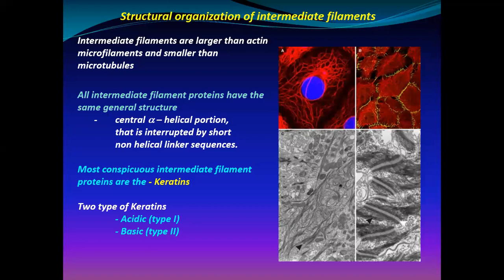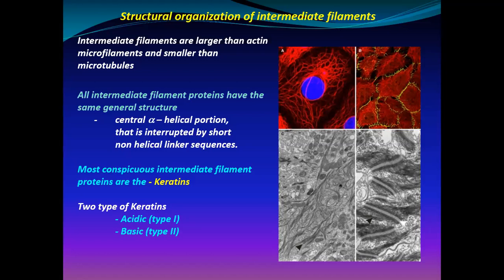You can see now, intermediate filaments are larger than the actin microfilaments. So the largest one is microtubules. The smallest diameter is microfilaments, and the intermediate one is the intermediate filaments. Okay. All intermediate filament proteins have the same general structure, and you will study in protein structure that there are two types that you have done in your A level also.